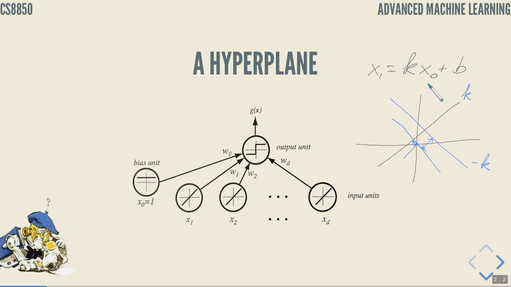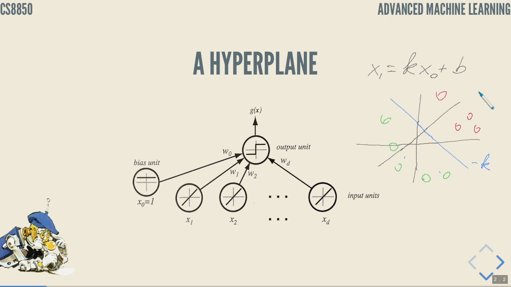What this equation represents is a two-dimensional line, and in 2D, if we have two classes, green and red, then this line would separate red from green.